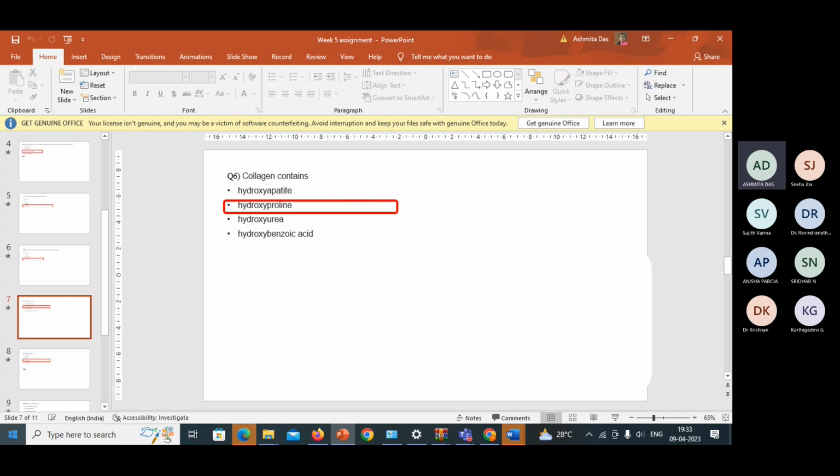But in the case of collagen, it is not possible. Which is more advantageous, madam, hydroxyapatite or collagen? Both are advantageous, depending on the situation. If you see the formula, I think the collagen part is also included in hydroxyapatite.